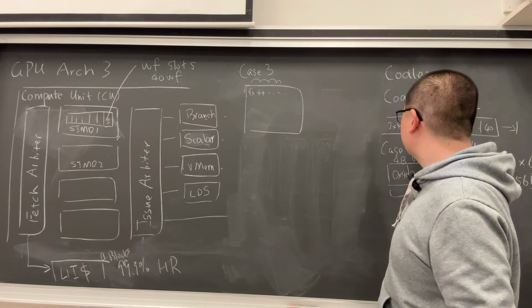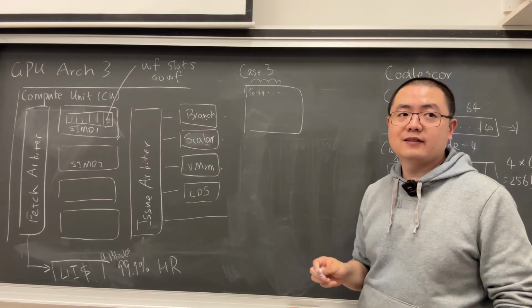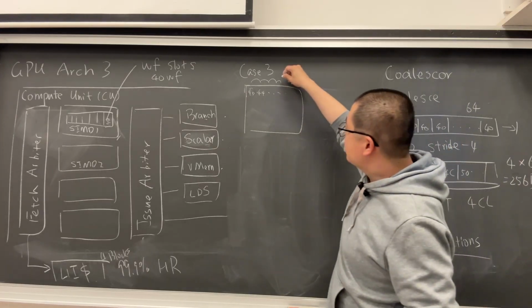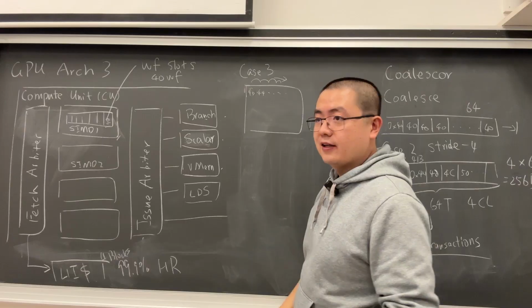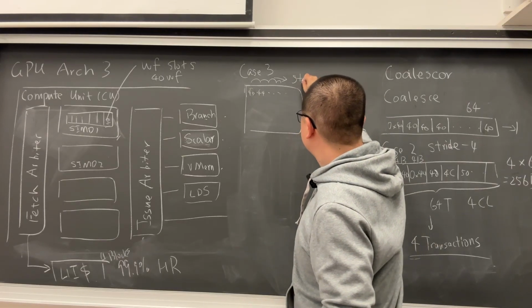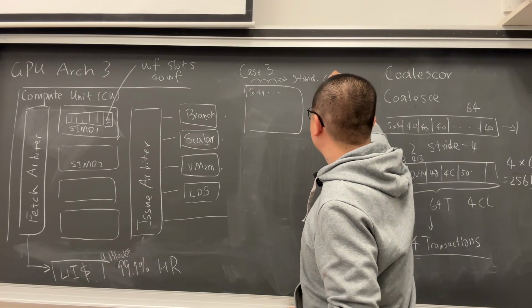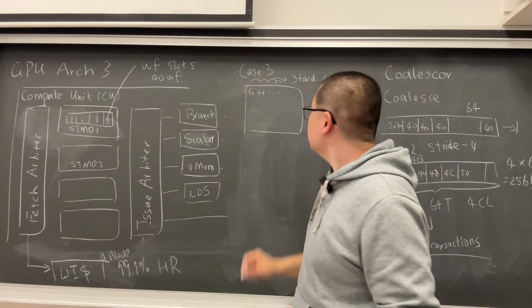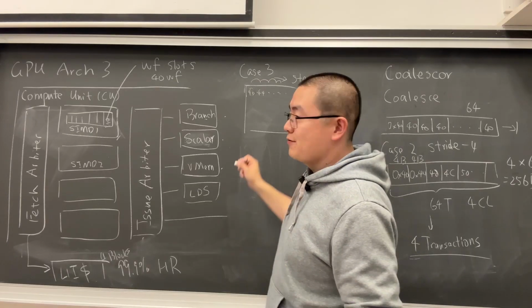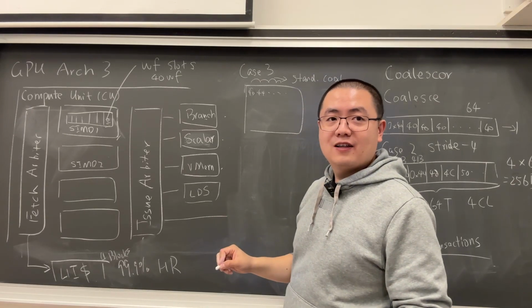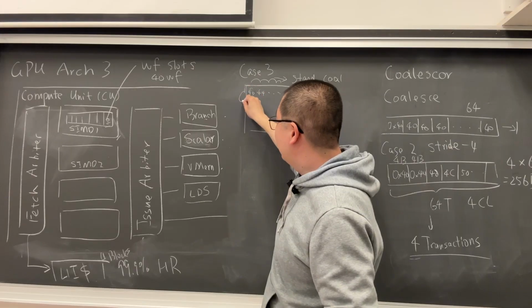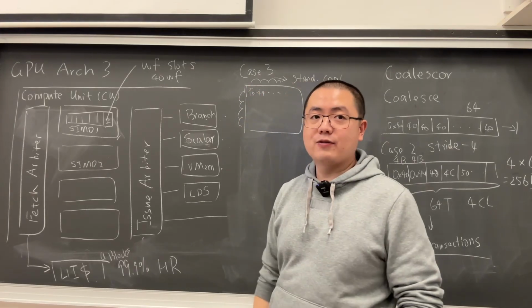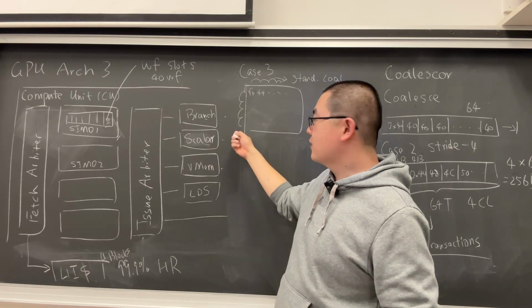This is standard coalescing. Then if we have another way of accessing, if we have to access it this way, this is common.